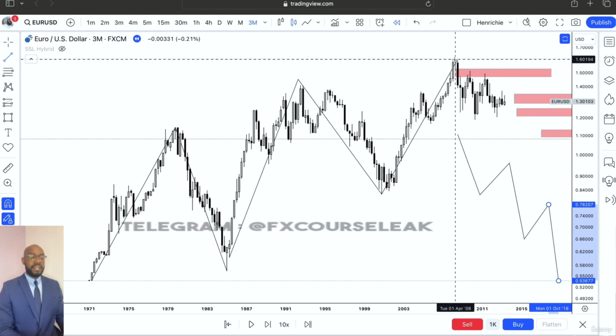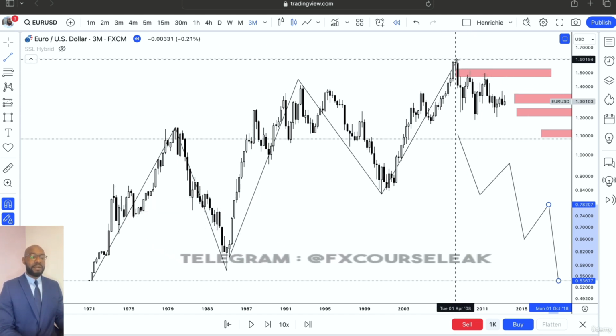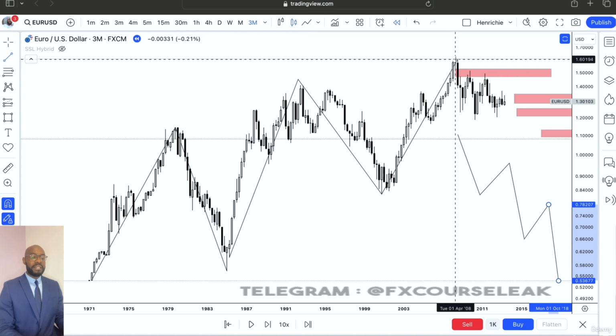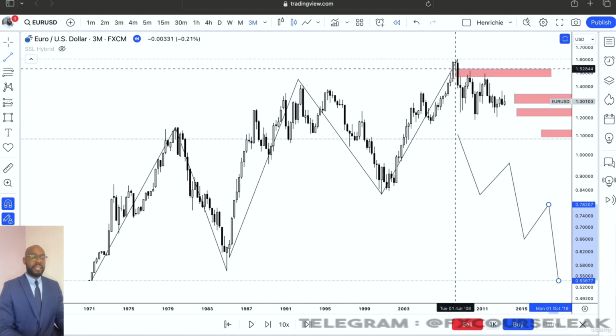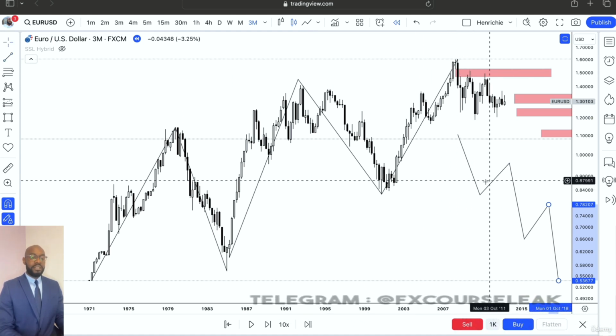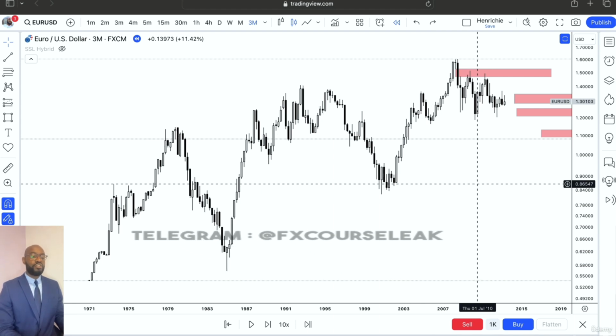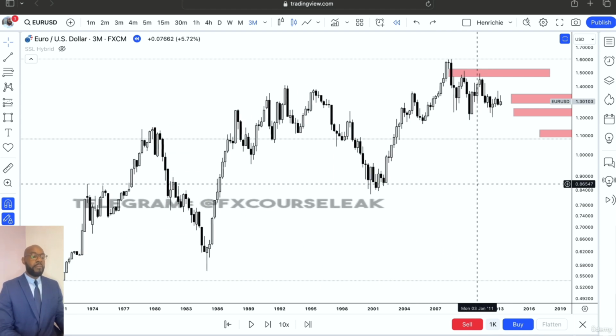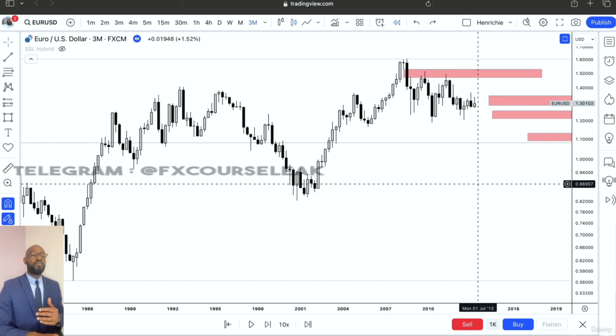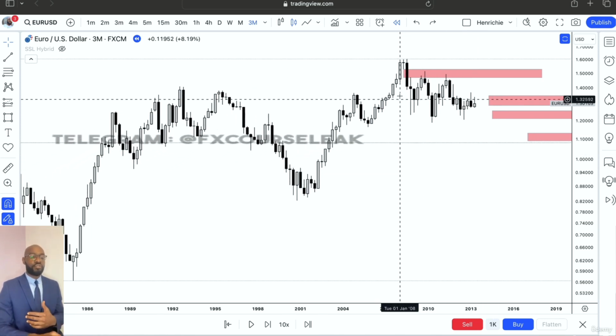Now, in this case, you can see that after price made this high, this all-time high right here, we dropped down, leaving an inefficiency. Now, we don't know whether the market is going to continue trending to the upside or not, but what we do is we wait to see a shift in market structure, right?